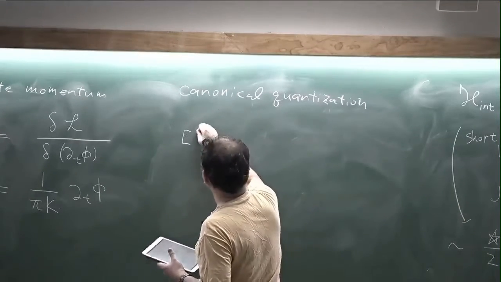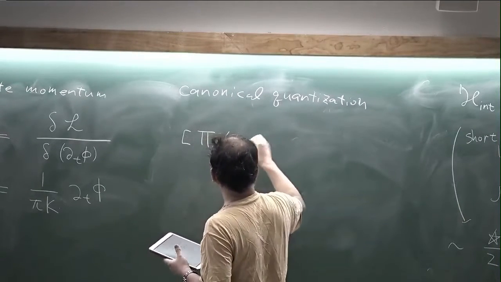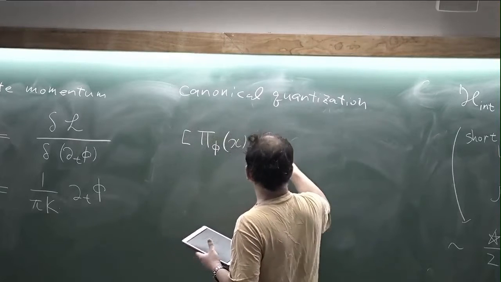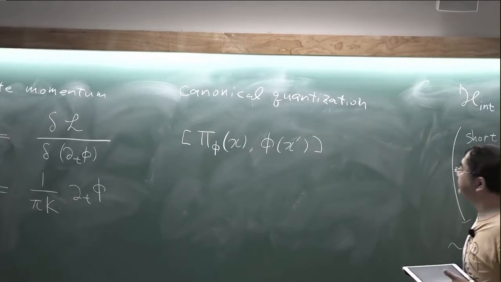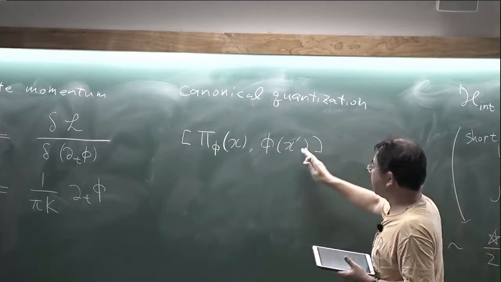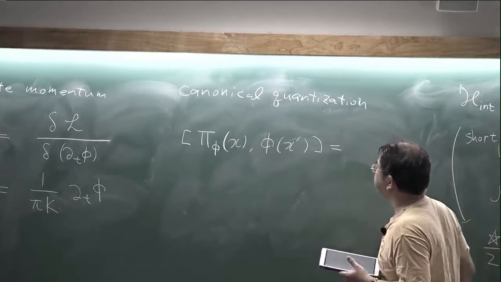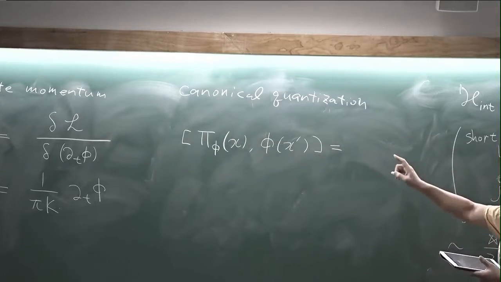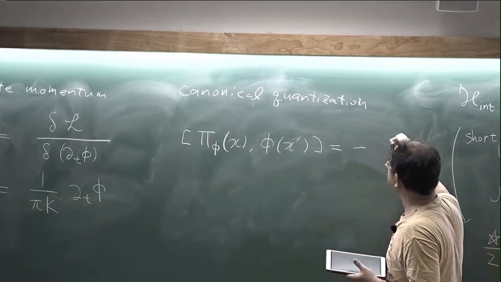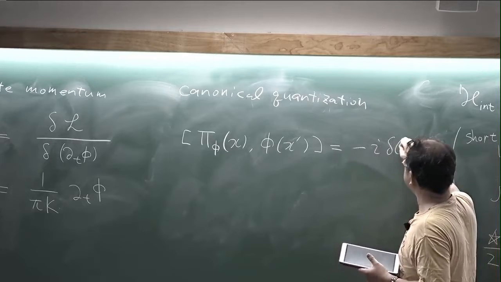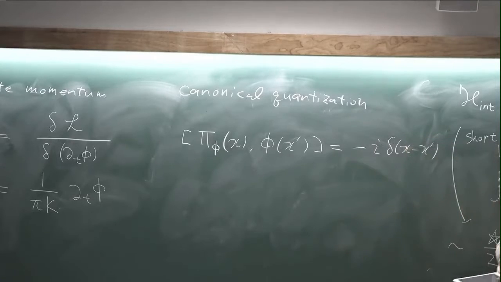So that is pi of phi at x and phi at x prime. So they must obey the canonical equal time commutation relation. That is, this is like a P and Q in quantum mechanics. So this is minus i times delta. So this is a standard canonical quantization of a free boson field.